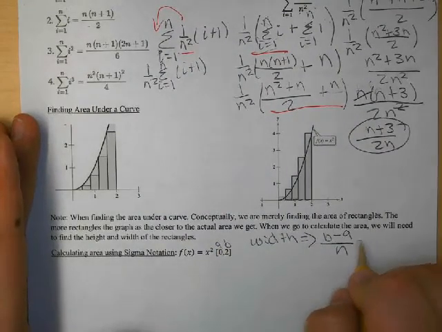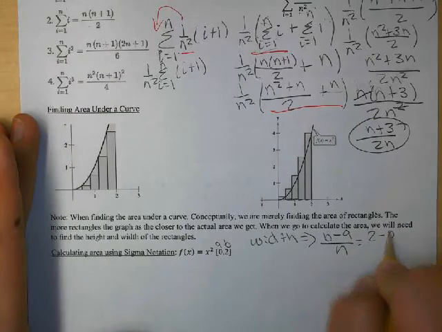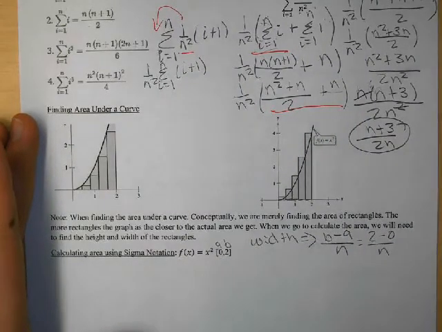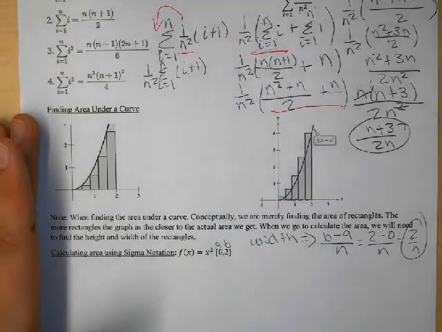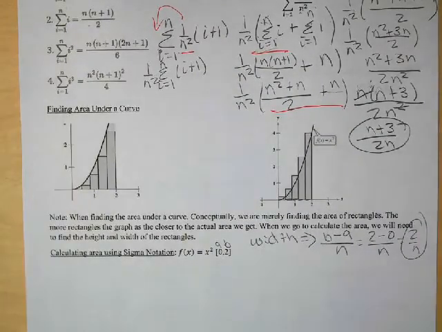So in this case, that's 2 minus 0 over n, and that just equals 2 over n. This is our width. The reason it's over n is because eventually we're going to choose n many boxes, as many boxes as we can in order to get an exact answer. That's why we need to go over n. Okay?